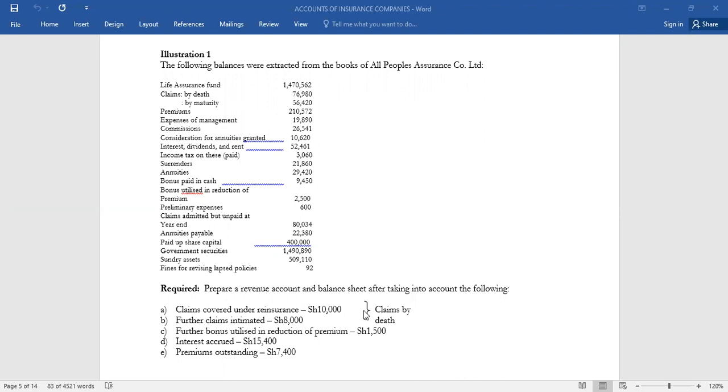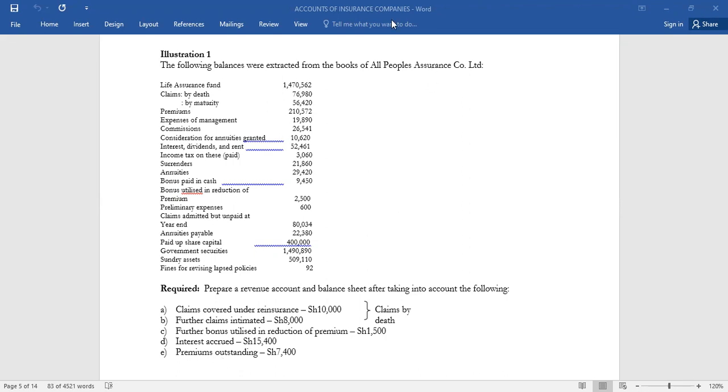So we will add the premium in the revenue account. Then I have interest accrued of 15,400. It will be credited. And I have the premiums outstanding of 7,400. Again, this will be credited.